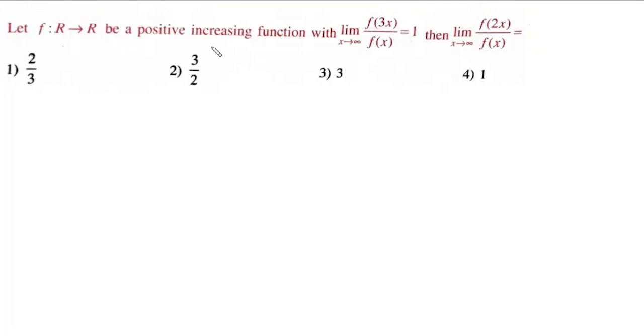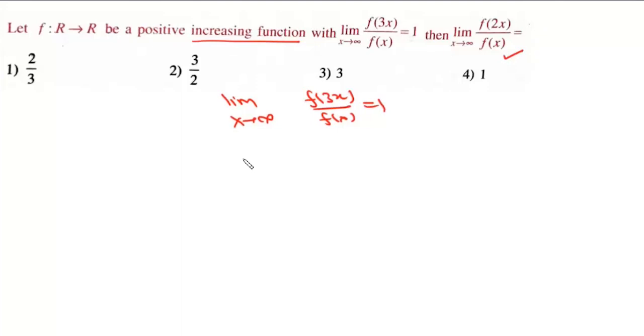Now here the question is, let f be a positive increasing function with limit x tends to infinite f3x upon fx equals 1. We need to find this limit x tends to infinite f2x upon fx.